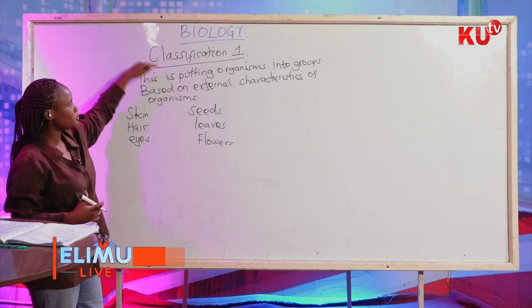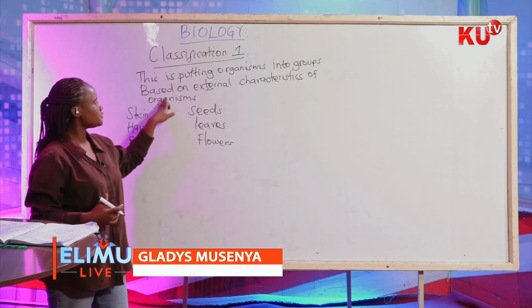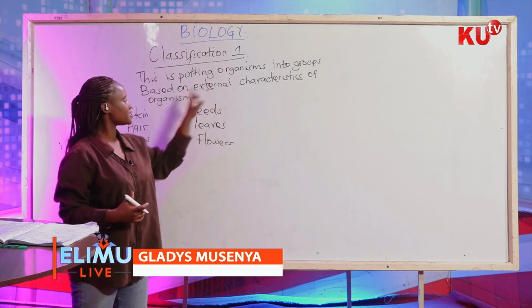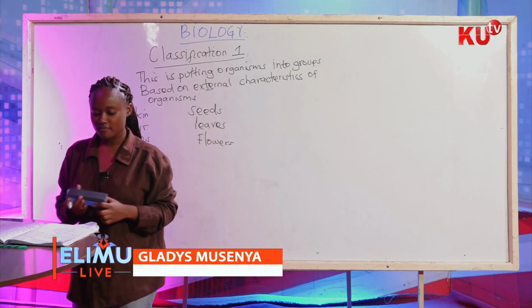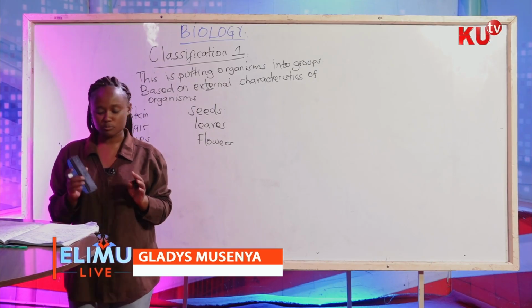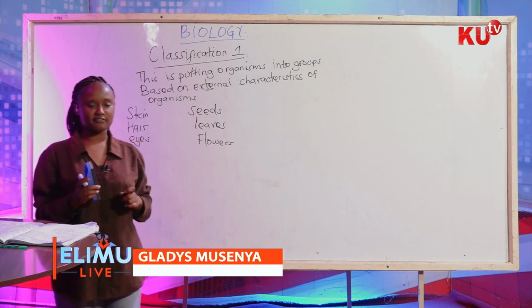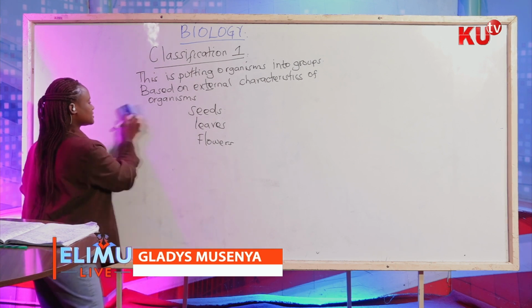So to be able to classify, we have to base it on external characteristics of organisms. It also involves detailed observation of structure and functions of organisms.